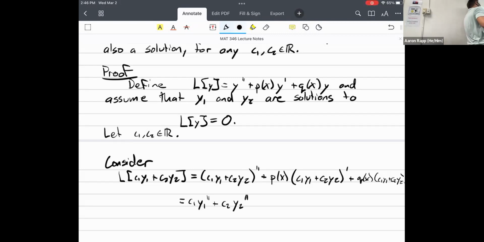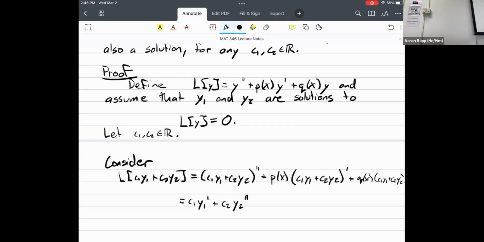Which means if I'm taking the second derivative of any linear combination, well, distribute the second derivative over the addition, pull out the constants, and take the second derivatives of what you can take second derivatives of. Which just becomes the first solution, second solution. Well, similar story will happen there with the first derivative.